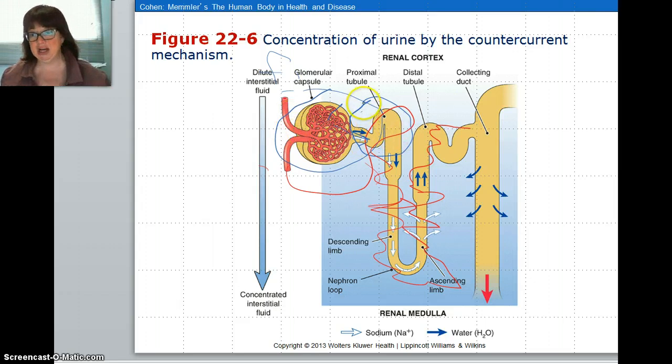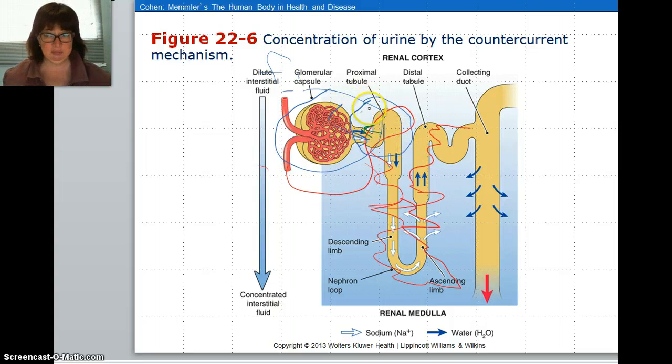Then in the proximal tubule, almost everything, 99% of the stuff, goes from the filtrate to the blood. So it leaves. Now this happens by active transport. Sodium is pumped out. Sodium is positive, so you've created a positive outside.